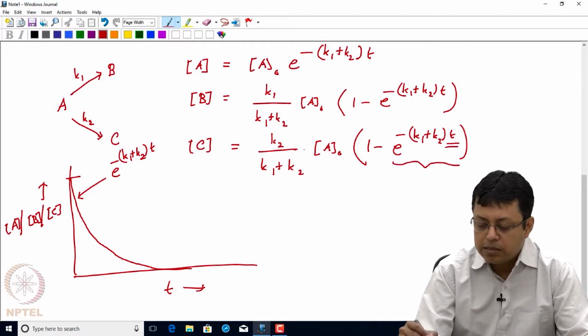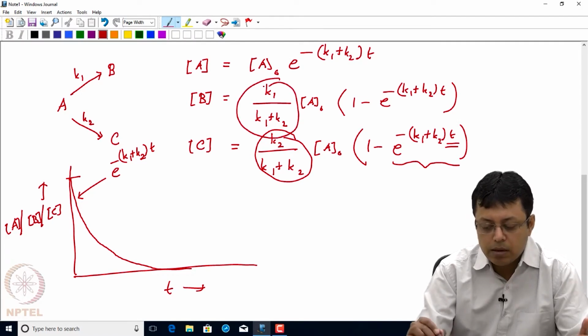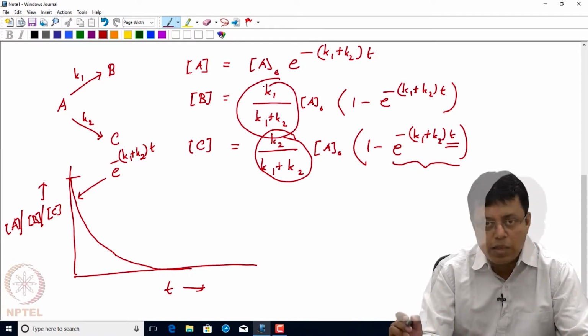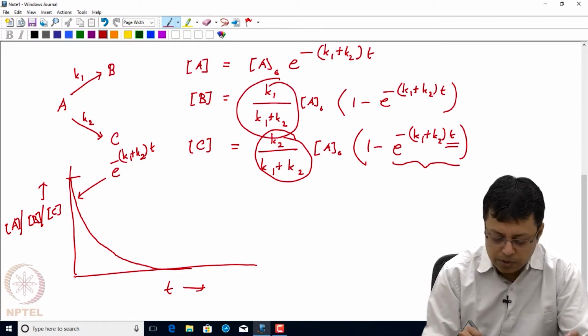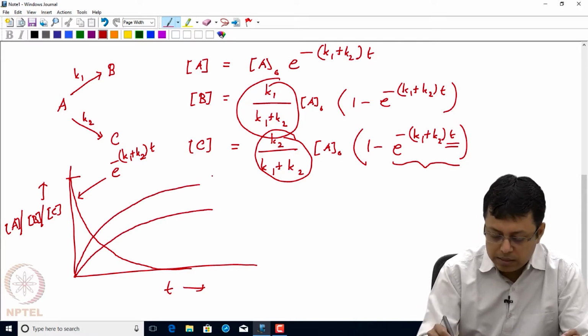So what we will have is basically A0, the initial concentration, times some factor, which is k2 by k1 plus k2 in the case of C, or k1 by k1 plus k2 in the case of B.